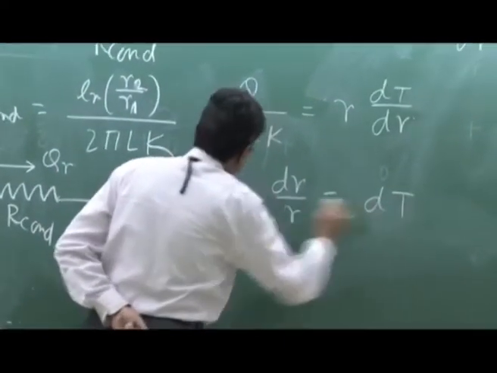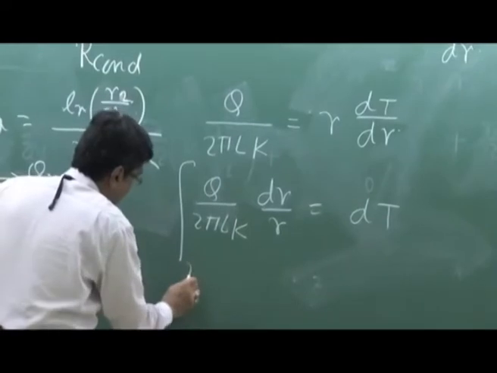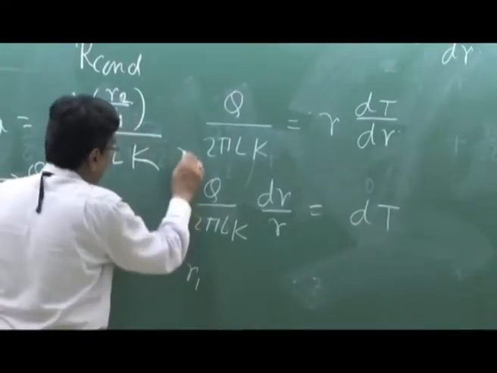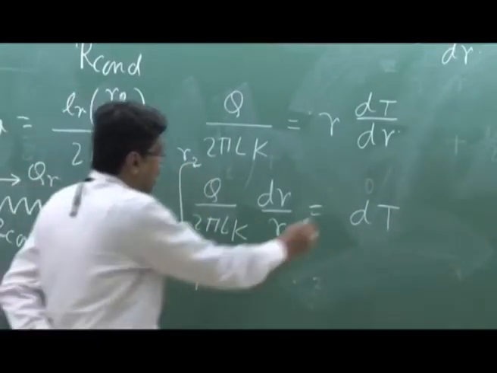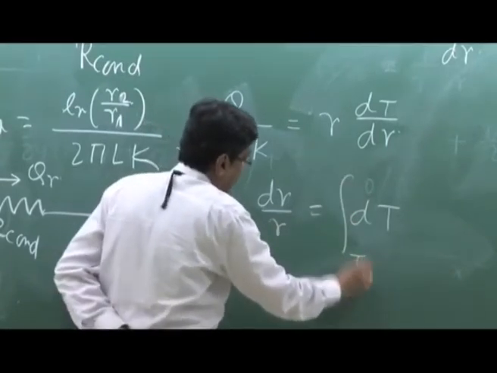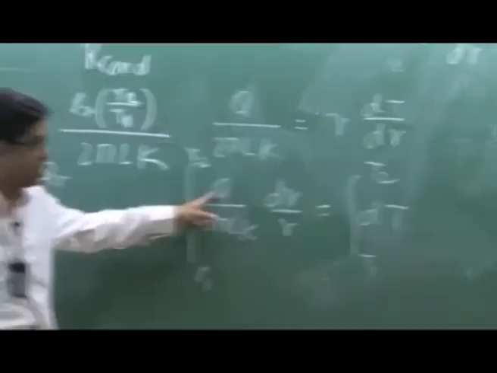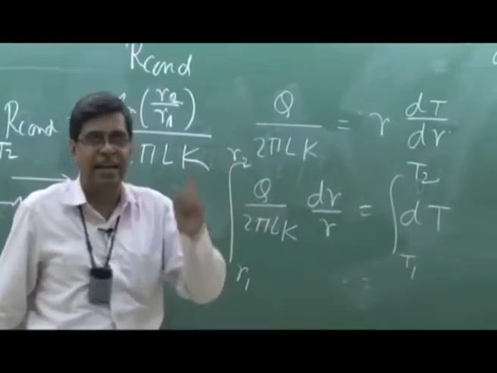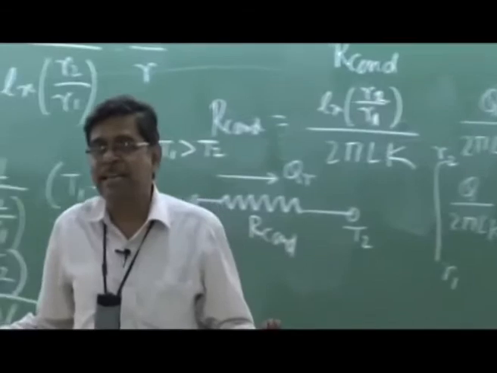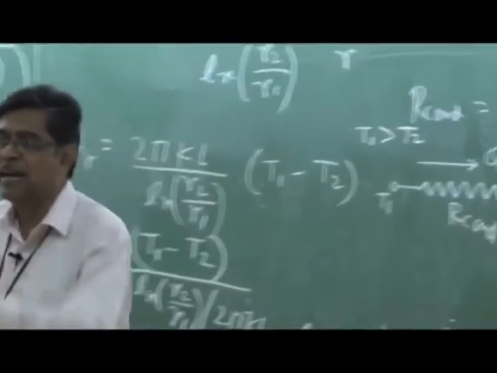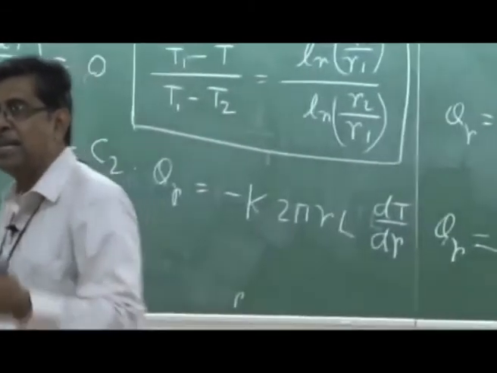Now if I integrate this from R1 to R2, inner to outer, and the variable T from T1 to T2, with this consideration that Q is constant, not varying in the radial direction, because for steady state heat transfer without heat generation, the same heat has to pass through each and every cross section.